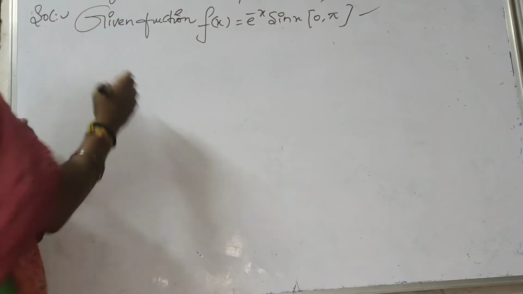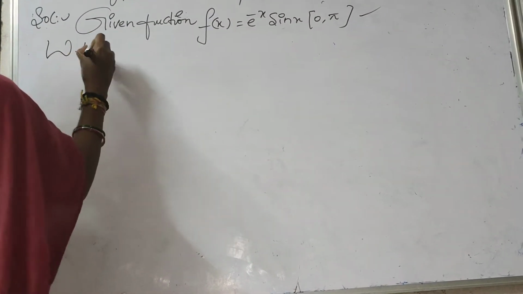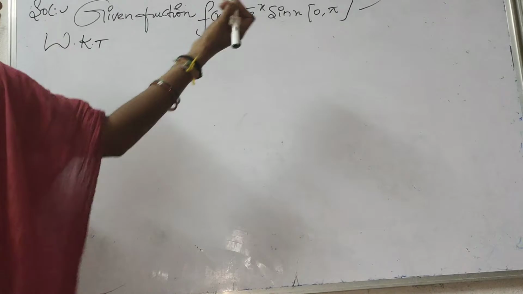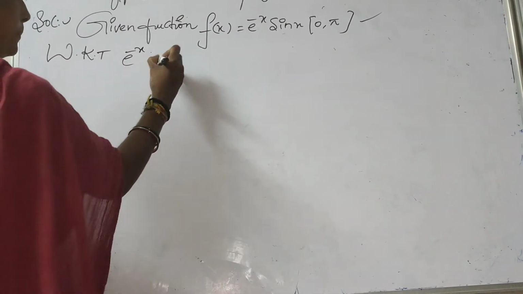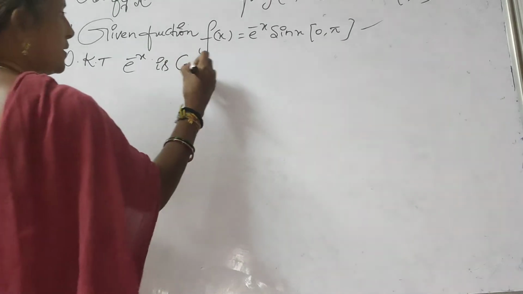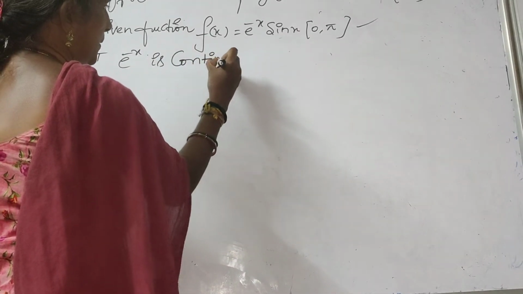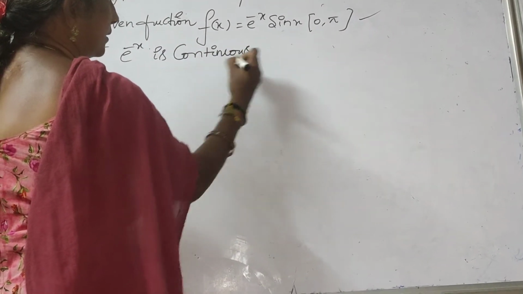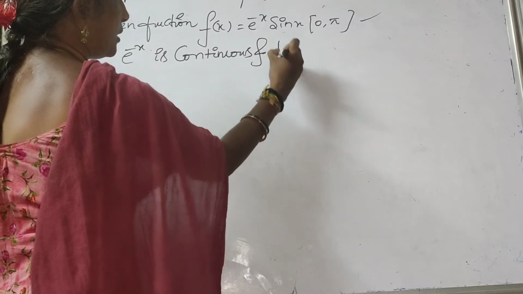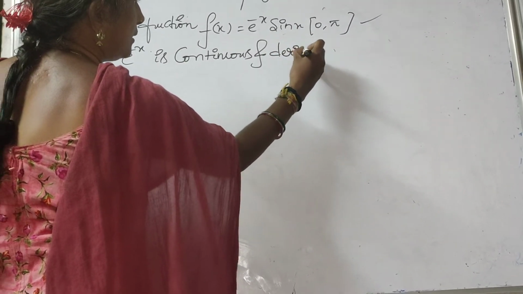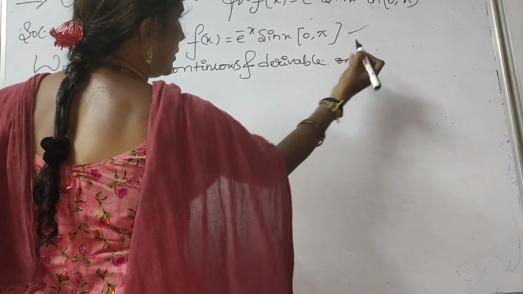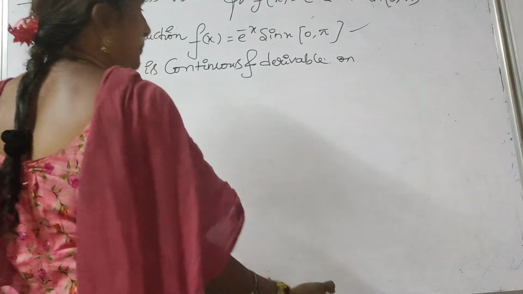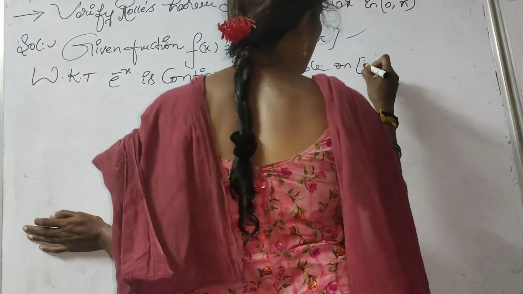And also we know that the exponential function, I mean e power minus x, is continuous and derivable on the given interval 0 comma pi.